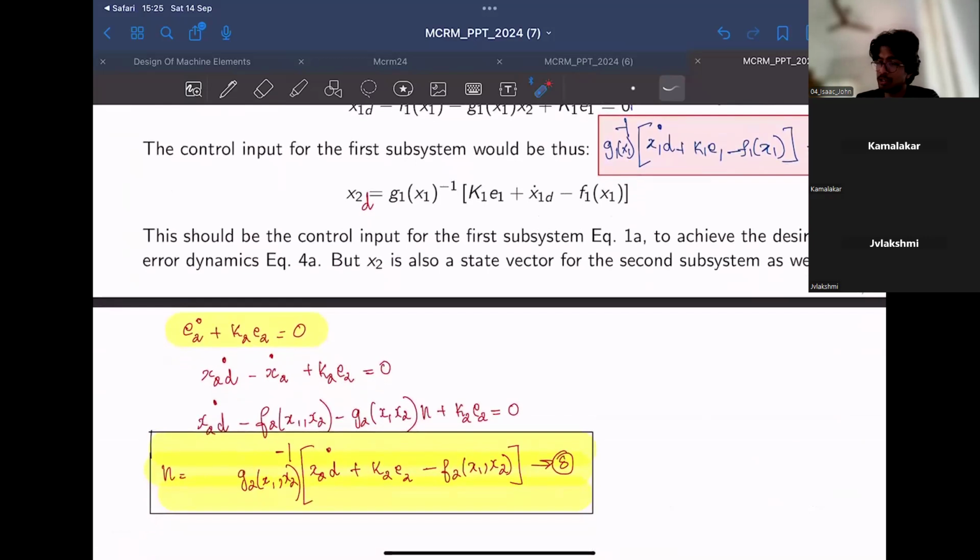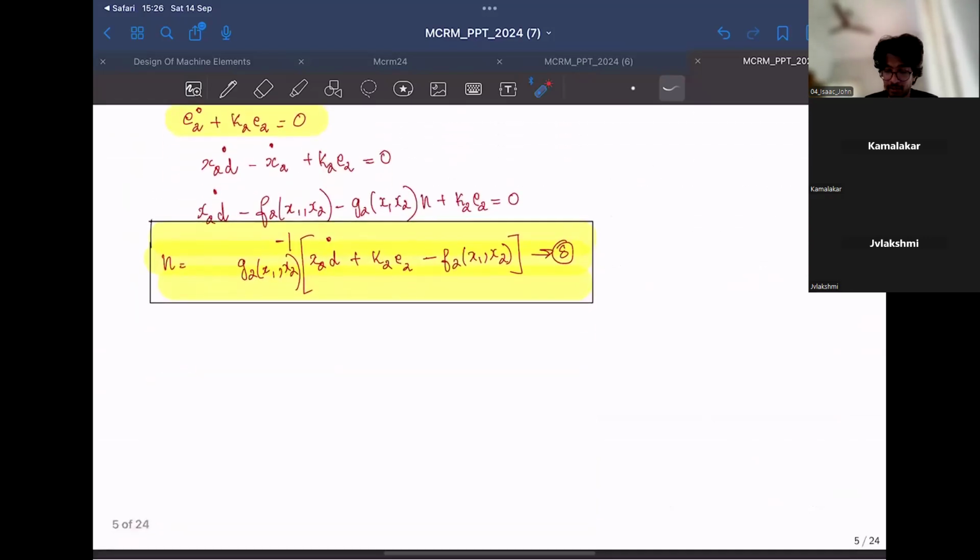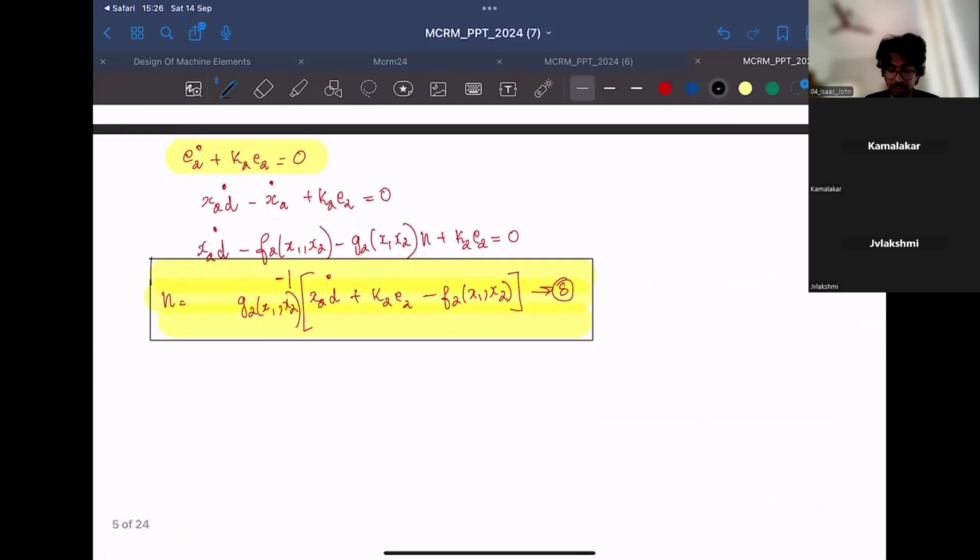So there is also one more thing. We also need to verify that whatever we are trying to do is stable everywhere. For that, if you can recall from the lecture, there is something called Lyapunov's direct method. What it says is that you can have a candidate function, maybe we call it v.